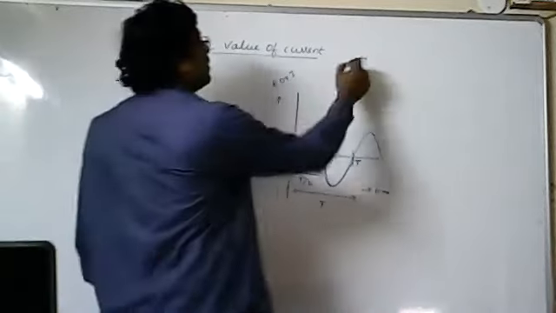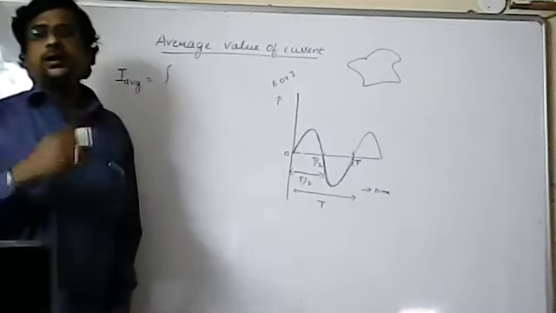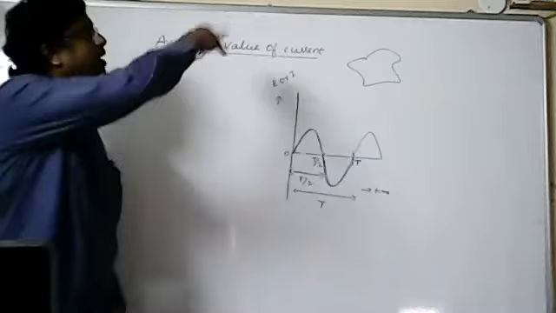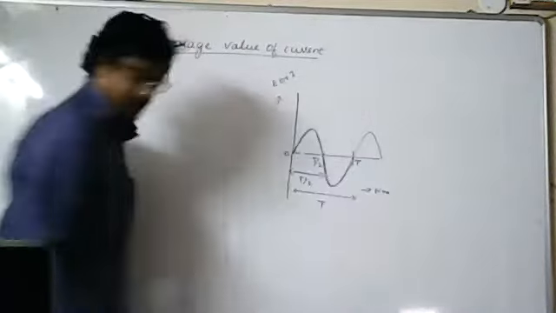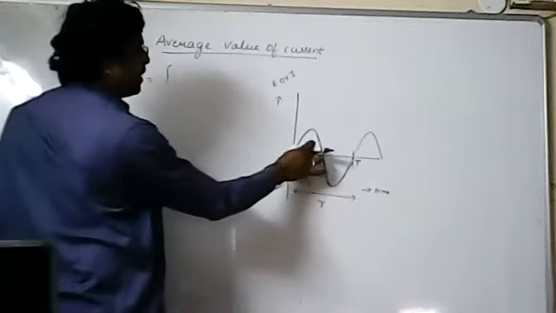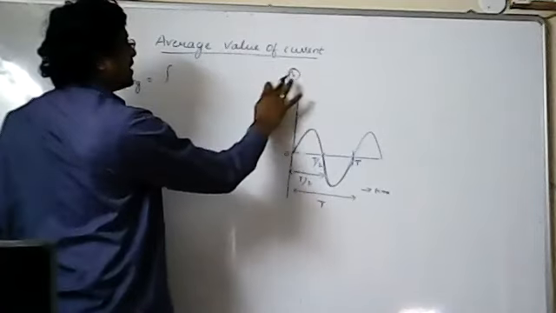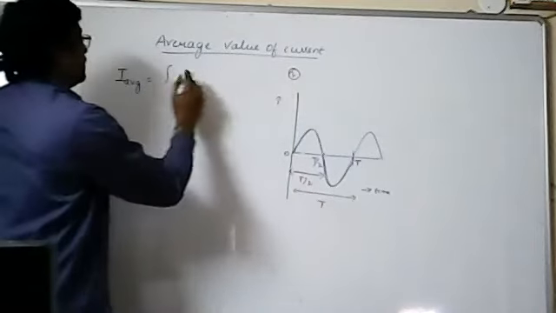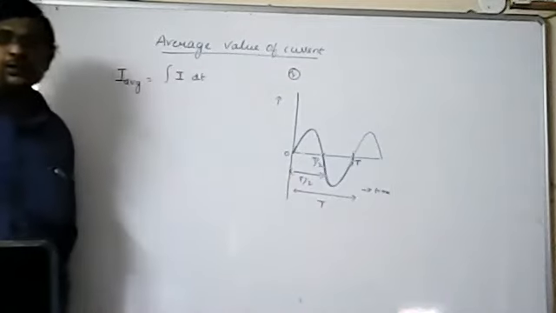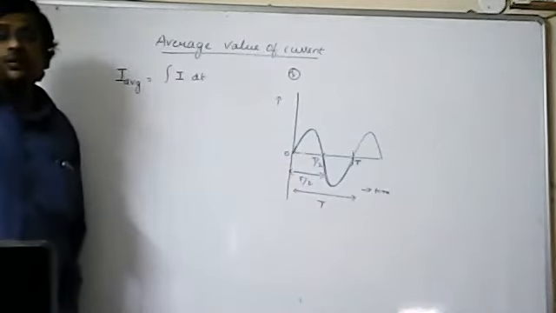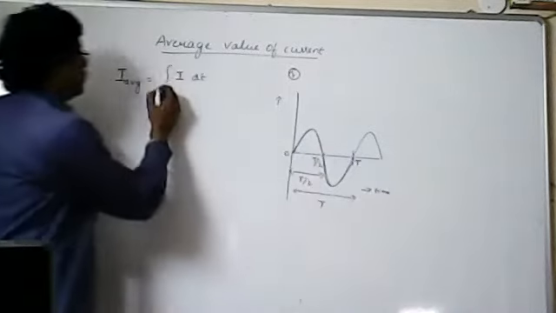If I give a curve like this and ask you to find the area of the curve, you apply the integration method because you have to add all the parts. So from here to here, the addition of this quantity. Let us take the quantity as I. So I into dt, integral I into dt. But up to what part? What is the interval? 0 to T by 2.